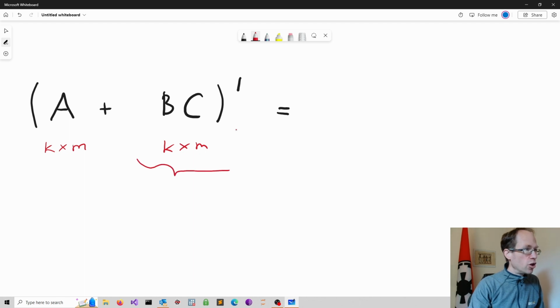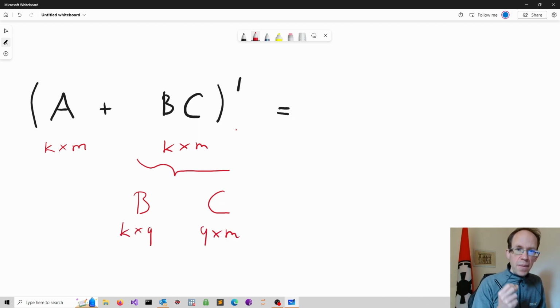Let's have a closer look at BC. B might have dimension k times q, whereas C has dimension q times m. Again, there needs to be a match, as discussed in my previous video on matrix multiplication. So the adjacent dimensions have to agree, which they do.